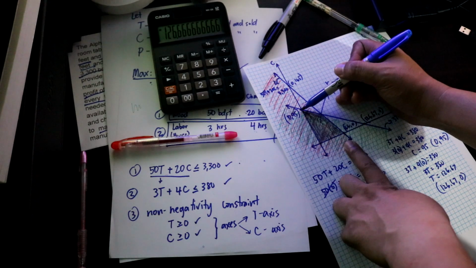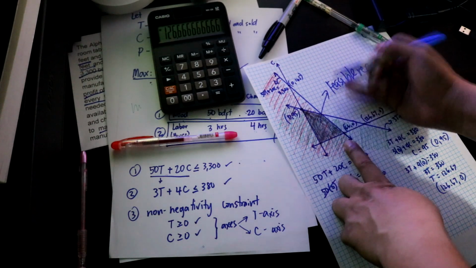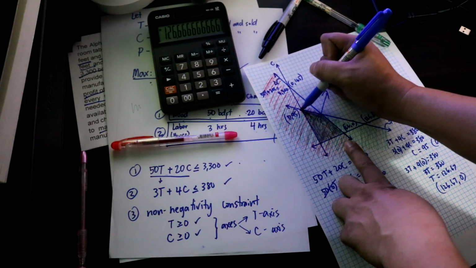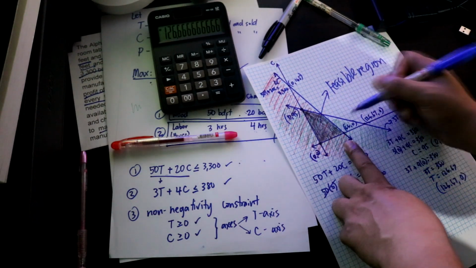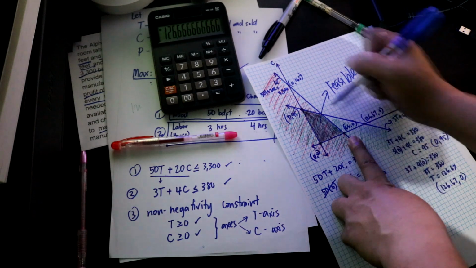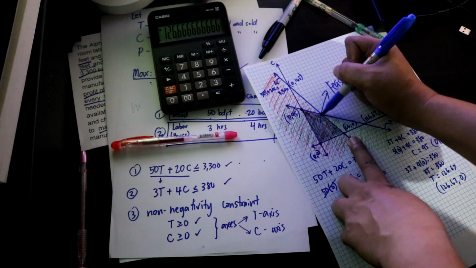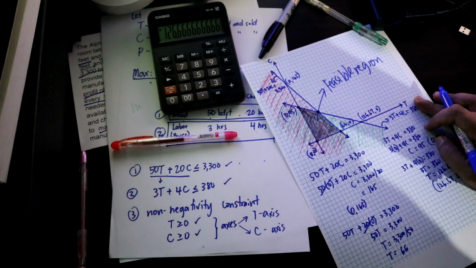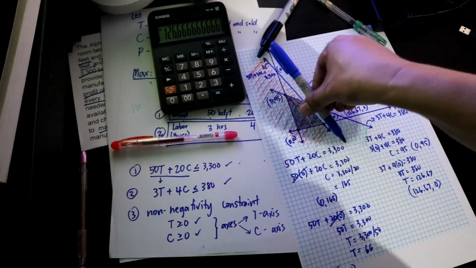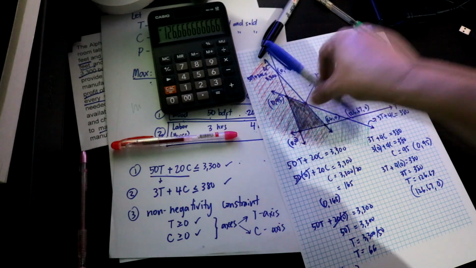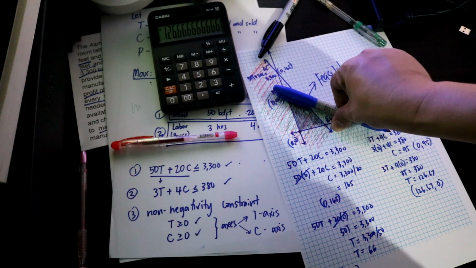So, what bounds this feasible region? This point, 0, 95, the point of origin, this point, 66, 0, and this point, which at this point we don't know yet. But we can see that this point is the intersection of this line, the first constraint, and this line, the second constraint.